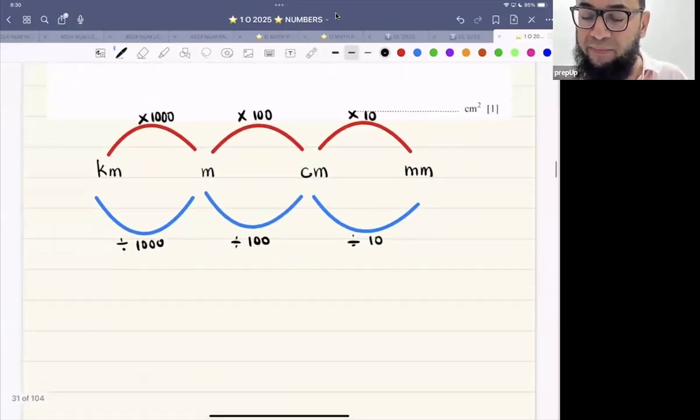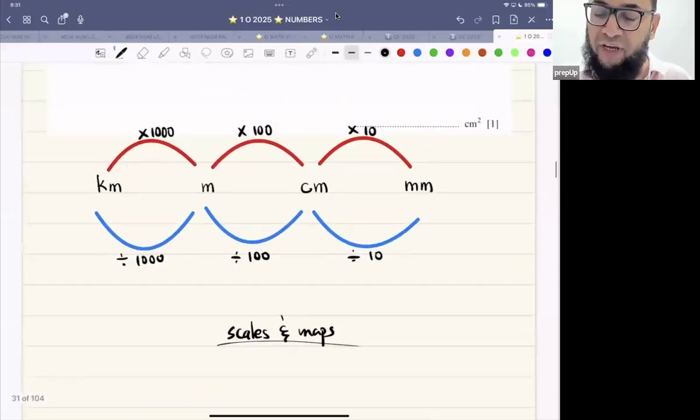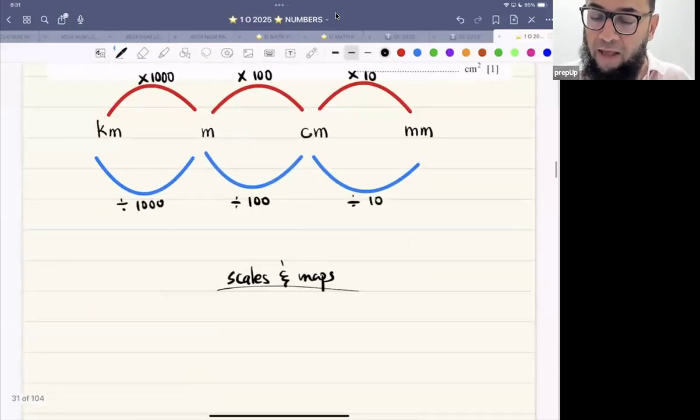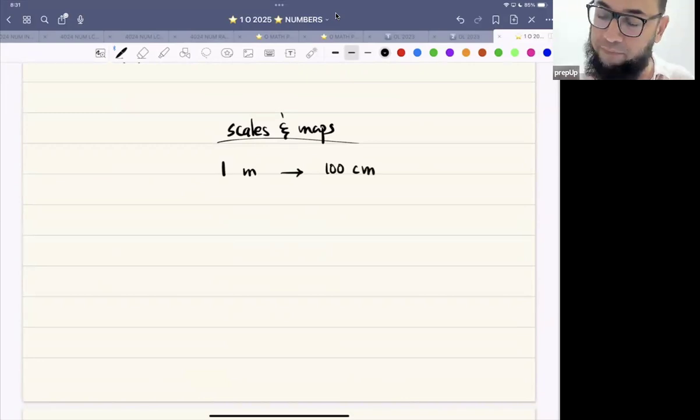3 meter square to centimeter square. When we talk about scales and maps, and in such a thing, when we have to do this conversion, 1 meter is 100 centimeters.